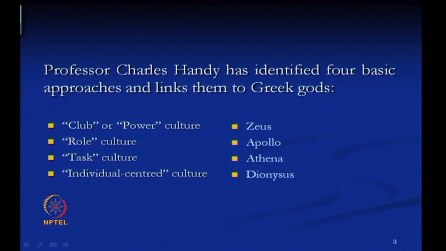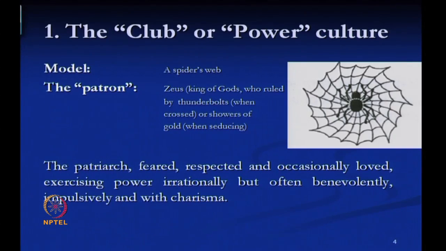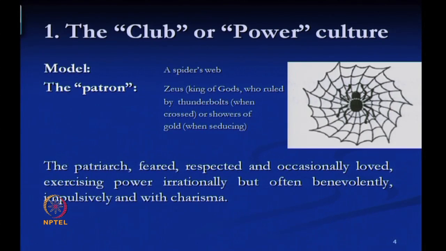I now propose to take you to each one of the elaborations, and you will be able to see for yourself what the symbolism involved is. Now, for the club or the power oriented culture, the representation is the spider and the web.